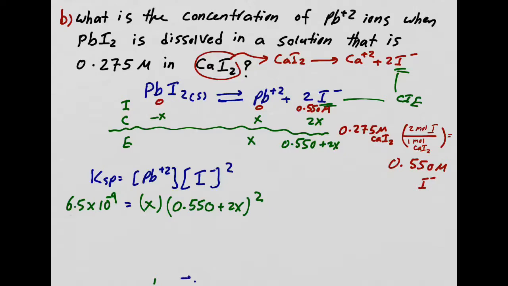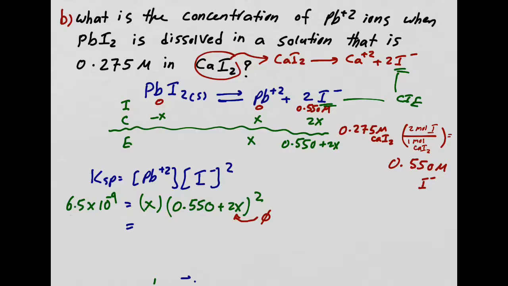So if I do this, don't forget, make sure you get the math right. And what I'm going to do, I'm going to assume this is 0, because 6.5 times 10 to the minus 9 is so much smaller than 0.550. So I can definitely assume it's 0. Whatever this number is going to be so tiny compared to this.